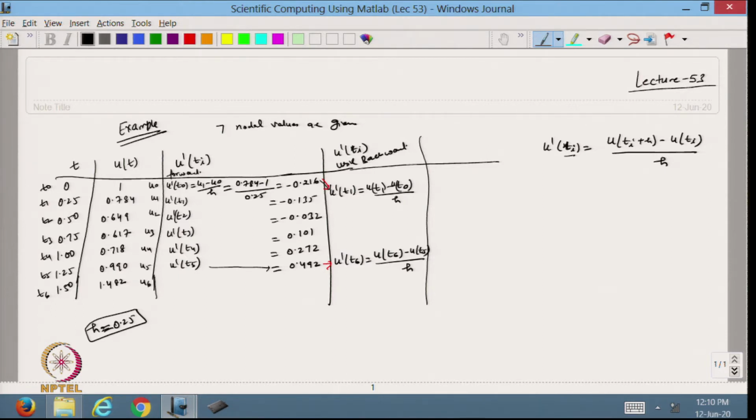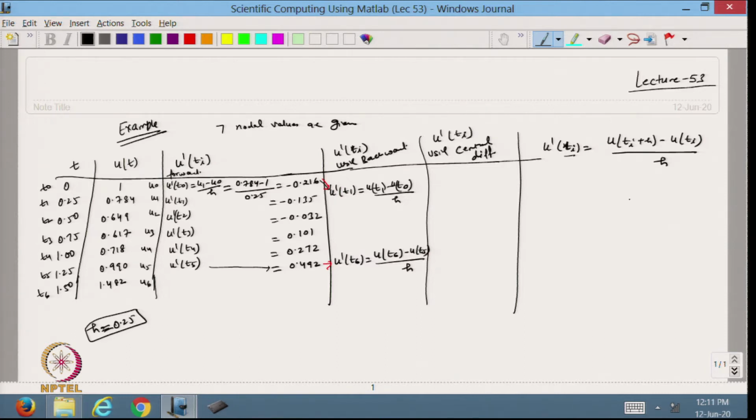The same way I can define it for the central. So this is u dash at ti using the central difference.